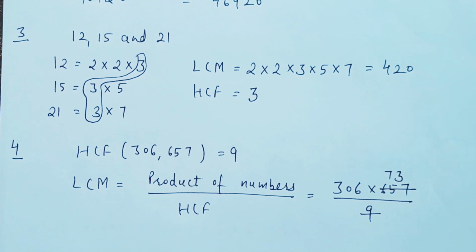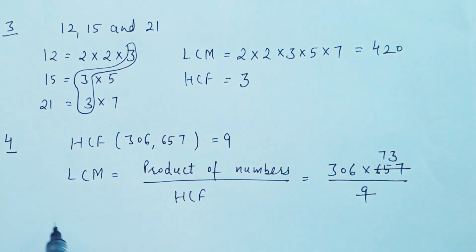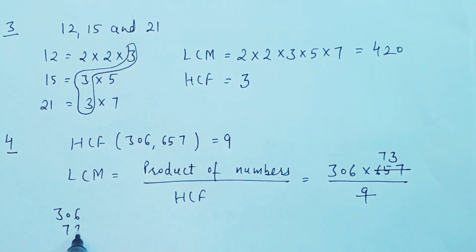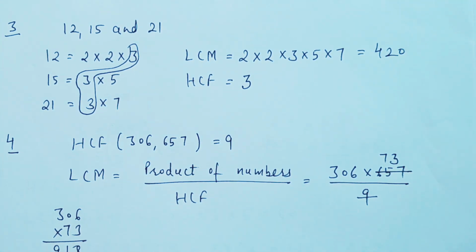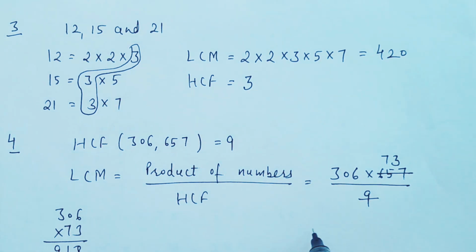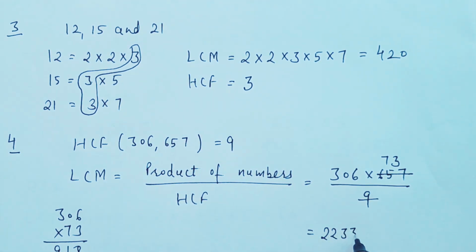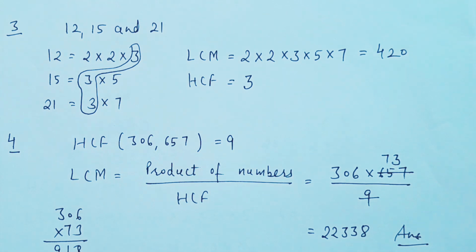We have to multiply 306 and 73 only, and that will be our LCM. So our LCM will be 22338. This is our answer. So by this method, if the HCF and two numbers are given, we can find the LCM as well.